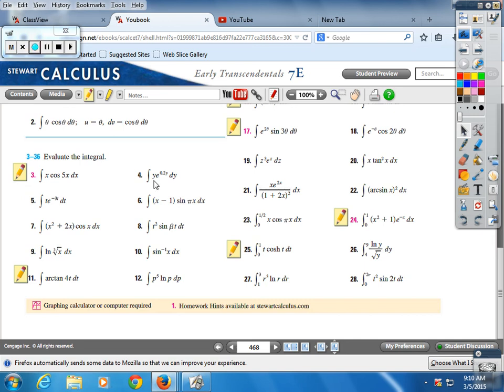The antiderivative of the natural log of the cube root of x dx. Natural log of the cube root of x dx.